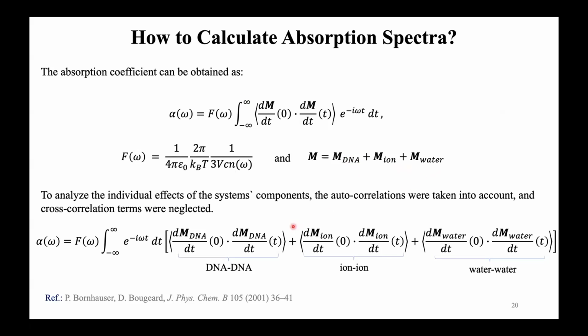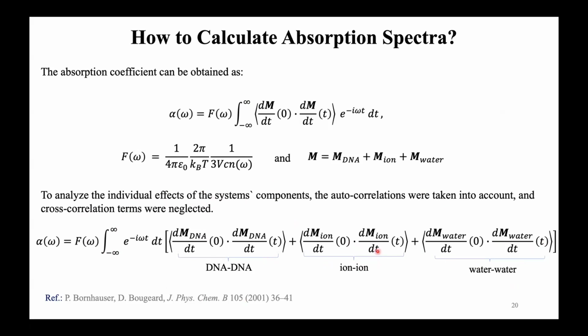In principle, the dipole-dipole correlation function includes both autocorrelation terms, such as water-water, ion-ion, and DNA-DNA, and also cross-correlation terms, such as water-DNA or ion-water. However, since our goal in this work was to study the individual contribution of each component, we focused only on the autocorrelation function in the following form.